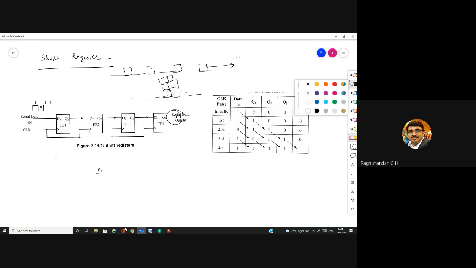One is serial in, serial out shift register.